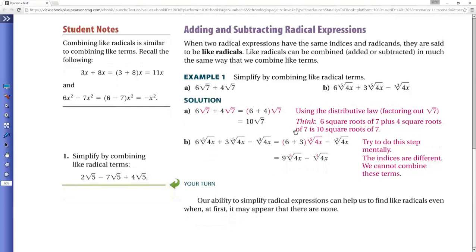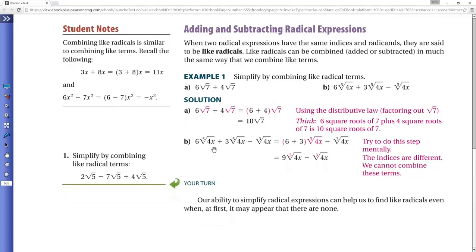This is a little more complicated when we have 6 fifth root of 4x and 3 fifth root of 4x minus the third root of 4x. We need to recognize that the index of this radical is important, just like the exponent of a variable would be important. And in reality, aren't these just exponents? This is 4x to the 1 over 5 power.